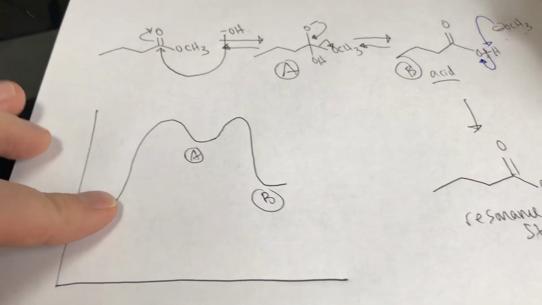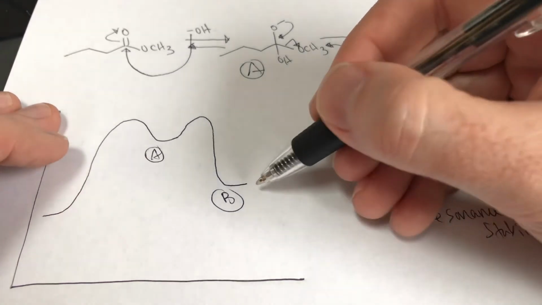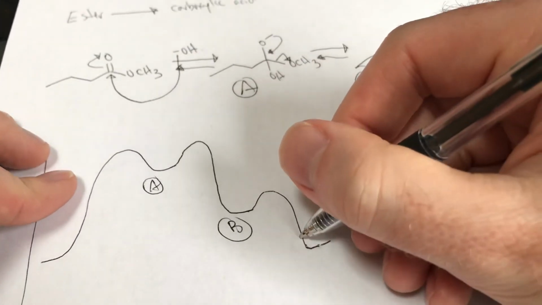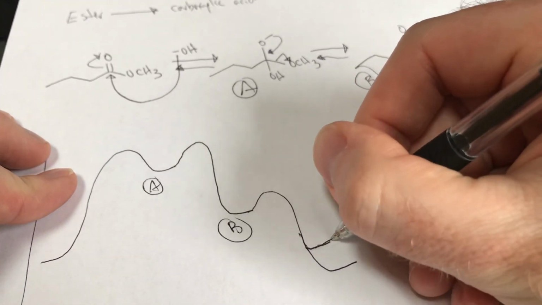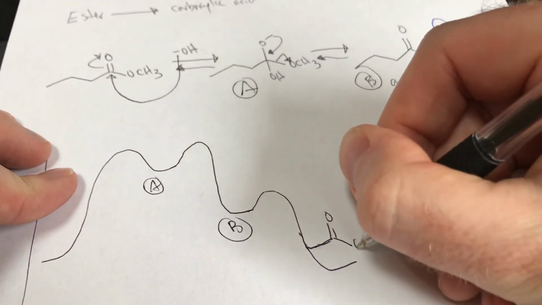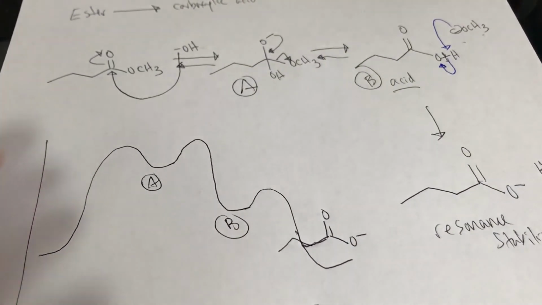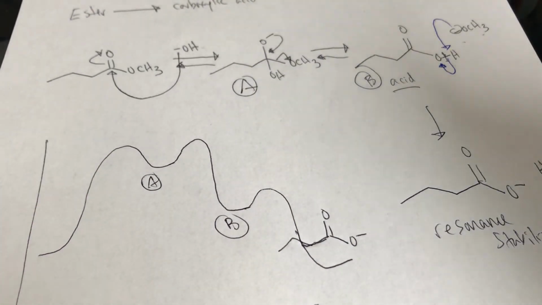But then C, our final product, since it's resonance stabilized, is actually a little bit better. I got messed up on my table there. All right, so hopefully that makes sense.